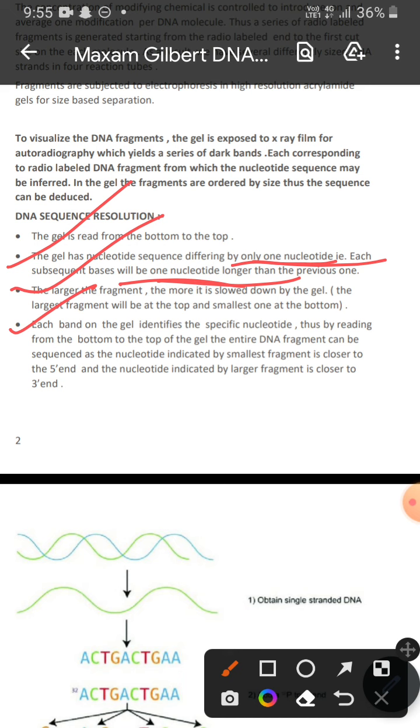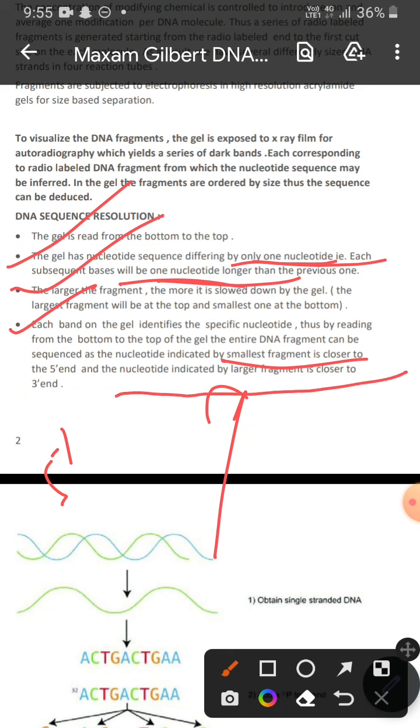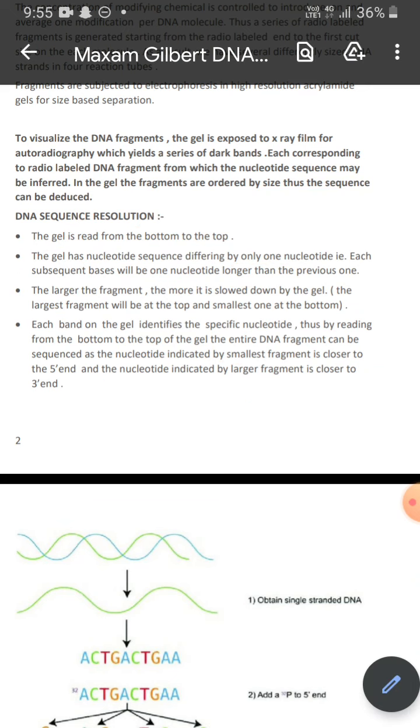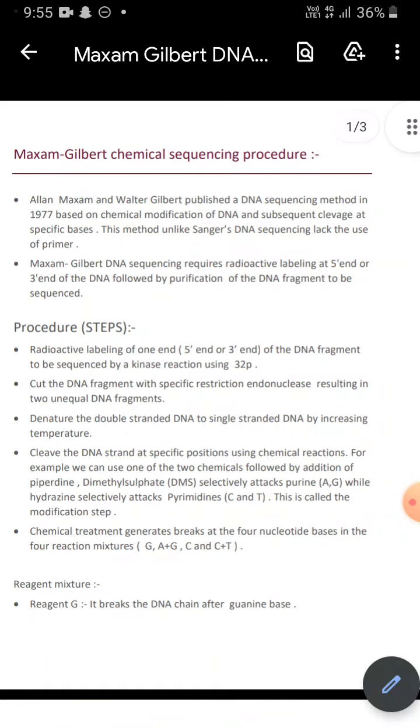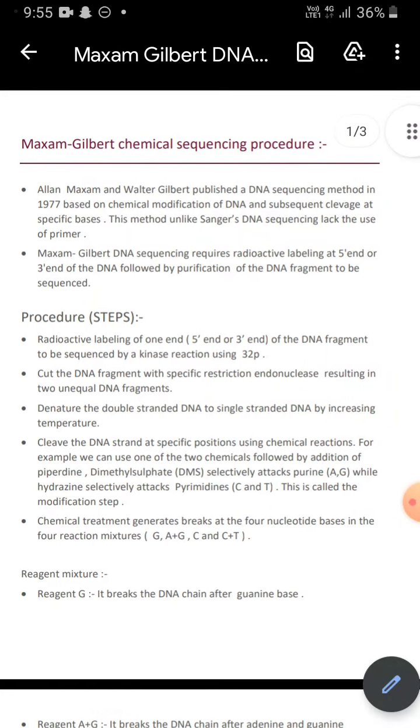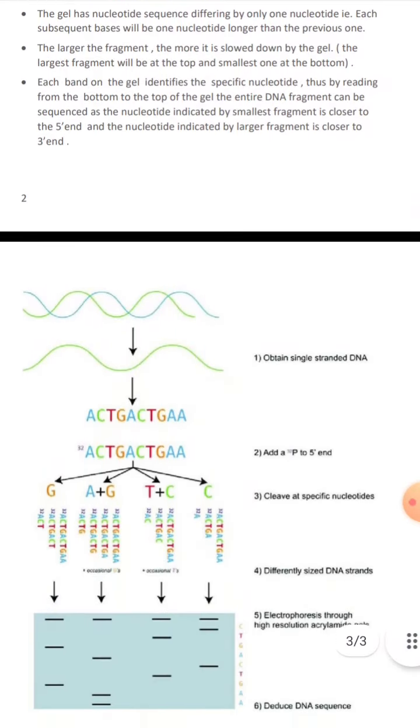Thus, by reading from the bottom to the top of the gel, the entire DNA fragment can be sequenced, as the nucleotide indicated by the smallest fragment is closer to the 5' end, as I have discussed with you, and the nucleotide indicated by the larger fragment is closer to the 3' end. Okay, so that is how the entire DNA sequencing procedure is done in the Maxam-Gilbert chemical sequencing procedure.